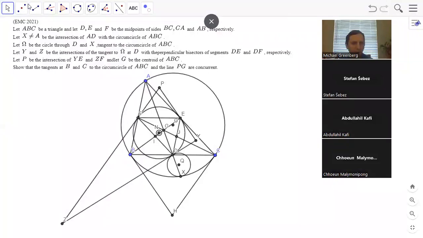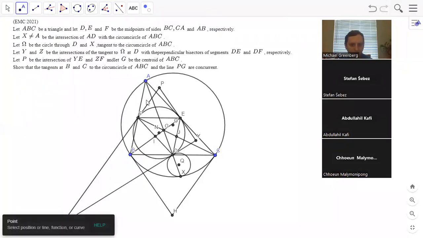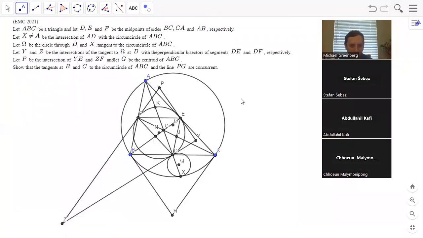So let's see, it would take X. So we'd have this point right here. So K should map to X.